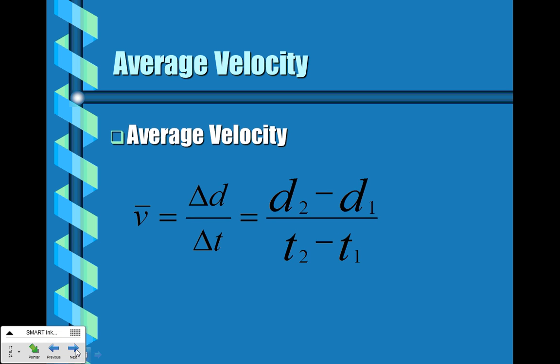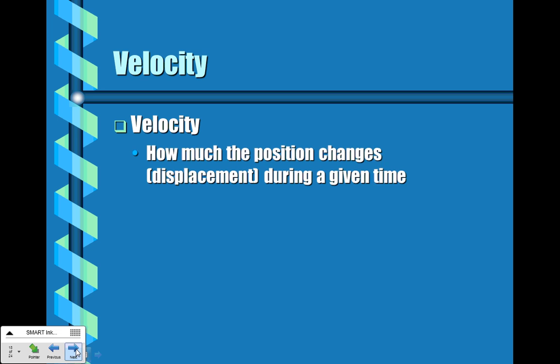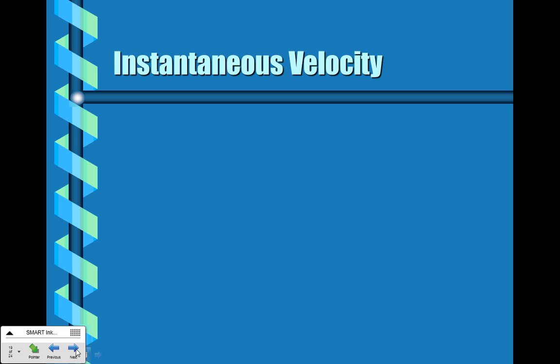Average velocity. Velocity is change in position over the change in time, so it's the second position minus the first position, divided by the change in time, the time that has elapsed. Velocity is a vector. Don't forget that. And it is basically just distance over time again.